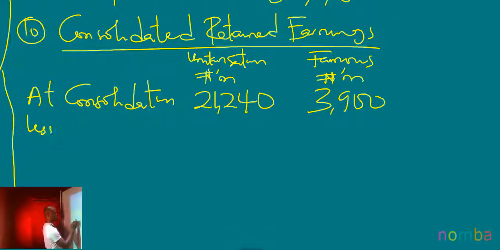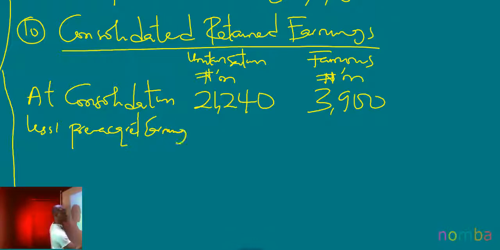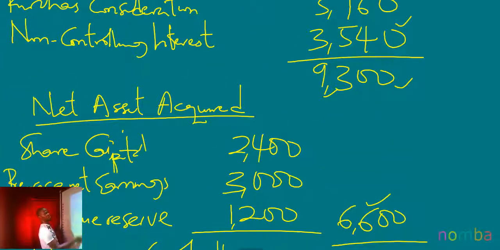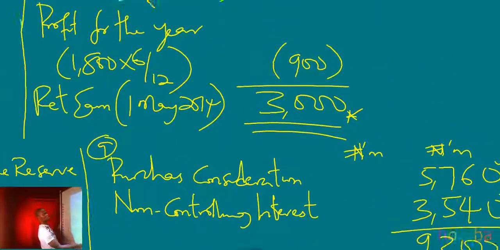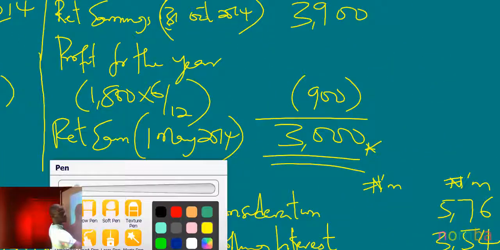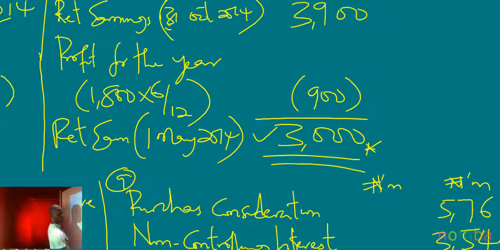Then from here, we are going to deduct the pre-acquisition retained earnings of Famous, which is the retained earnings at the date of acquisition. So what's the retained earnings of Famous at the date of acquisition? We determined that as 3,000.